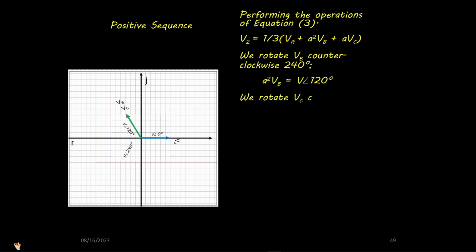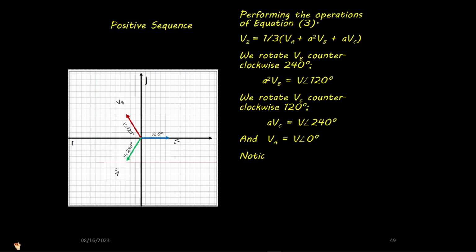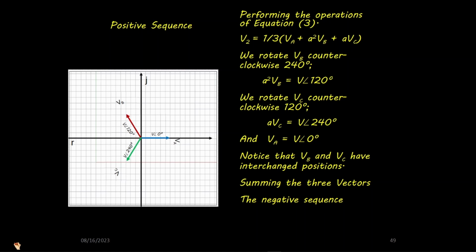We rotate VC counterclockwise 120 degrees: A times VC equals V at 240 degrees. And VA equals V at 0 degrees. Notice that VB and VC have interchanged positions. Summing the three vectors, we get V2 equals 0, the negative sequence voltage.